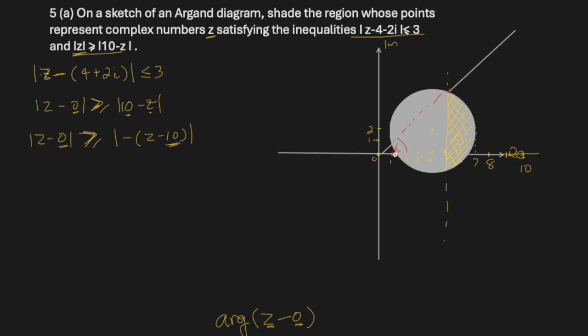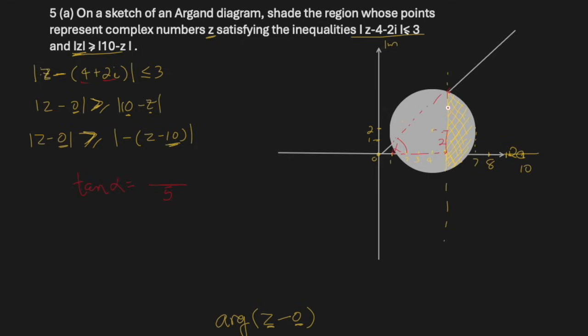Okay, so we can see that the side adjacent to alpha is 5. So we can write tan alpha is equal to, adjacent is 5. What about the opposite? We know up to here at the center it is 2, because it was 4 plus 2i, which was the center of this circle.